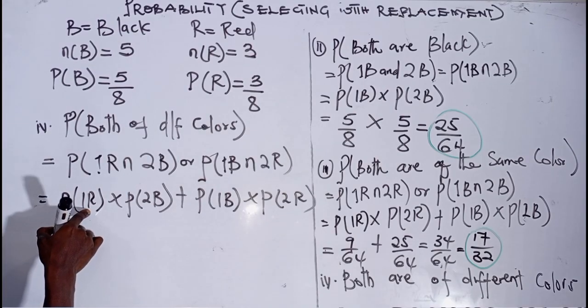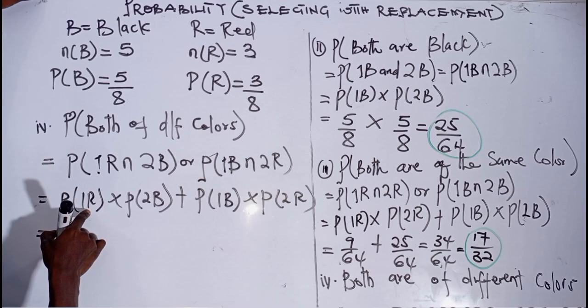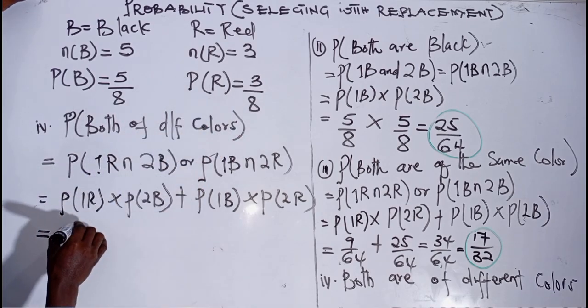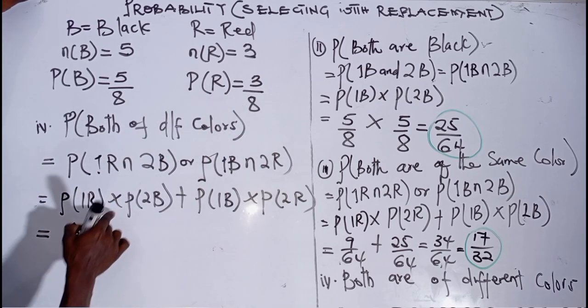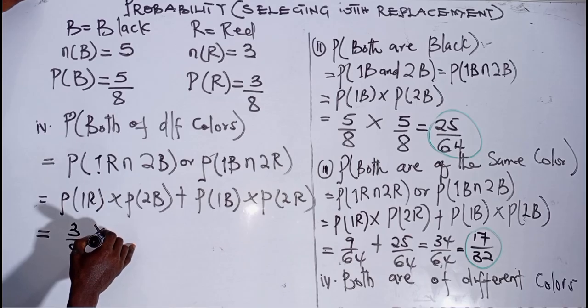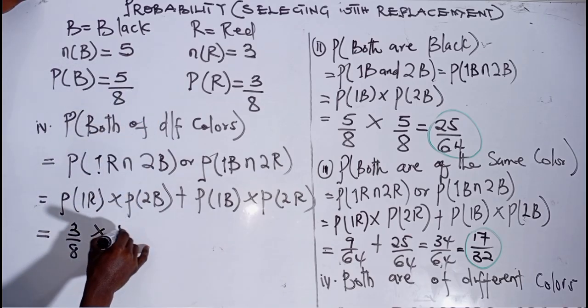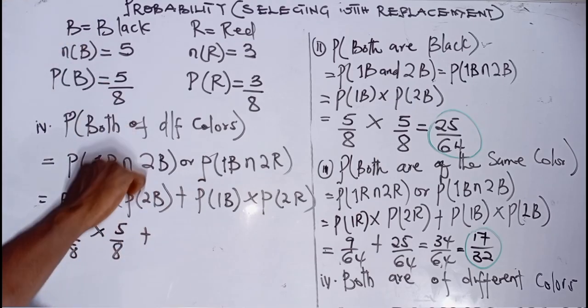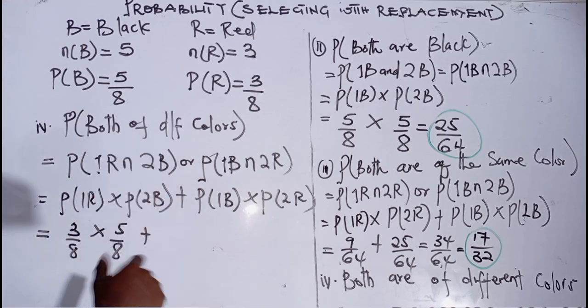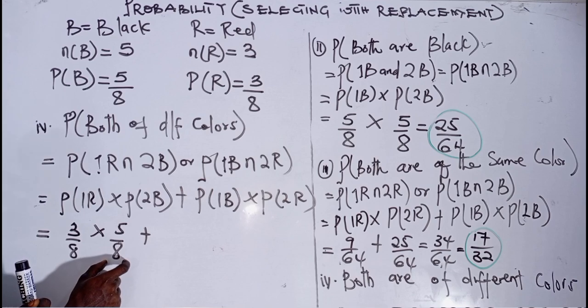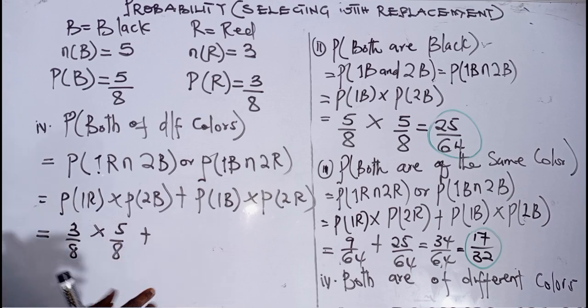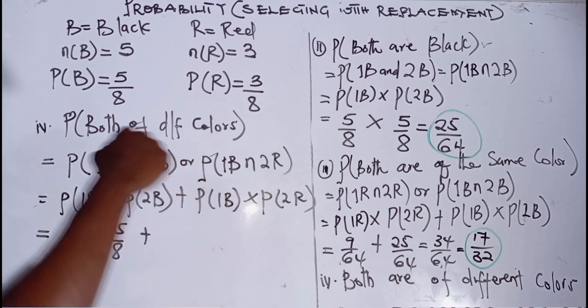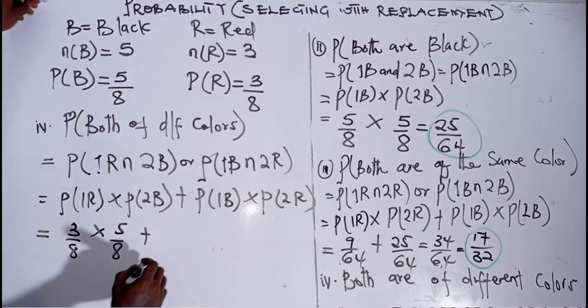So first one is red, with the red we have 3 over 8, multiplied by black. Black is still 5 all over 8. Remember that we are selecting with replacement. So when we replace it, the total number of balls in the box will still remain the same. It is still going to be 8 because we are replacing it back.